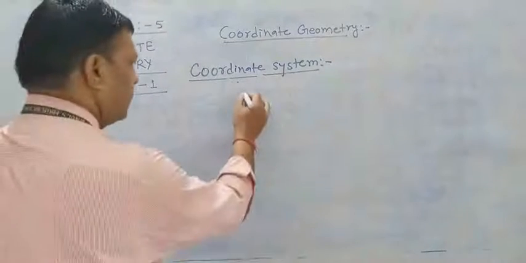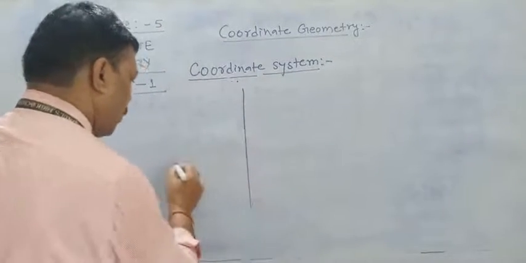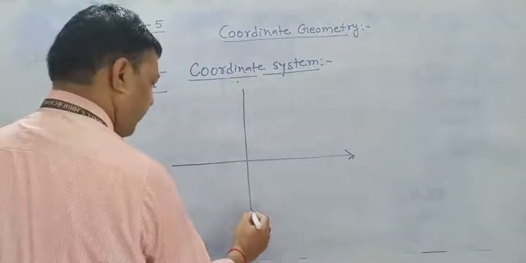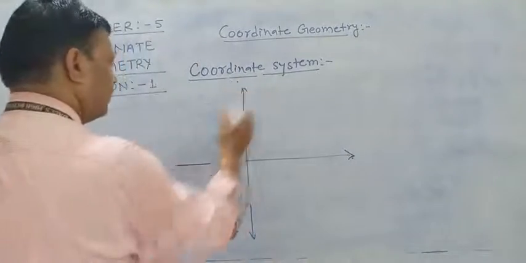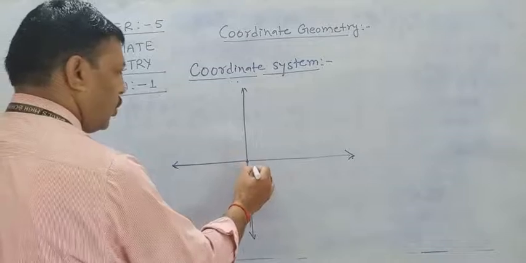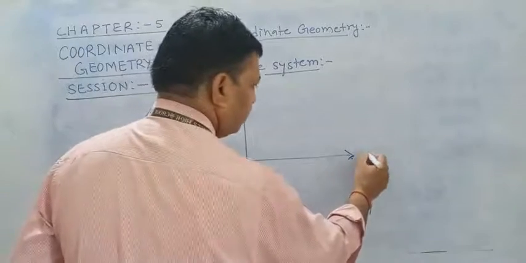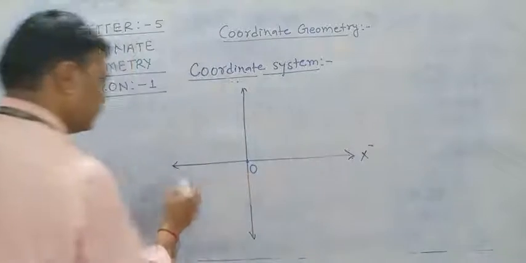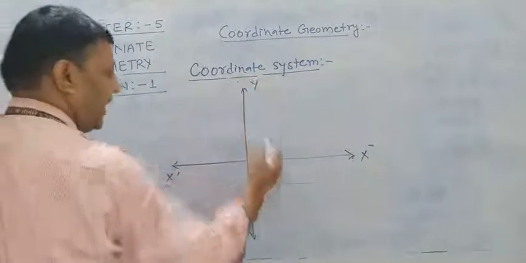Here, this is the coordinate axis. This is the origin O. This is the x-axis and y-axis.